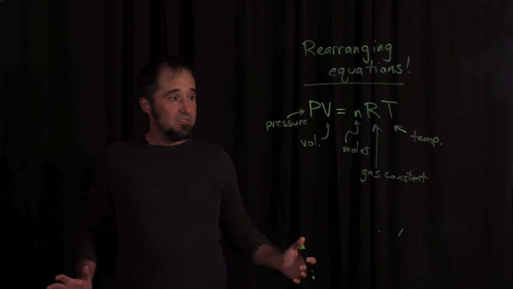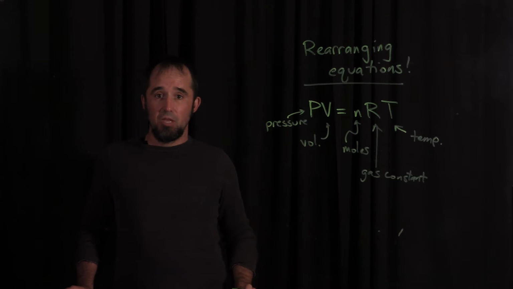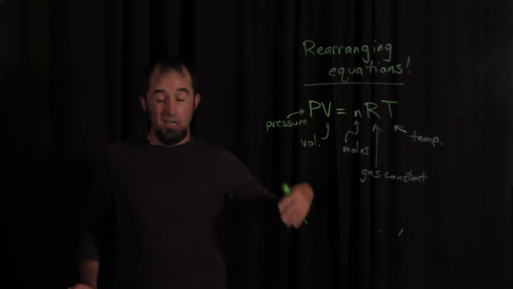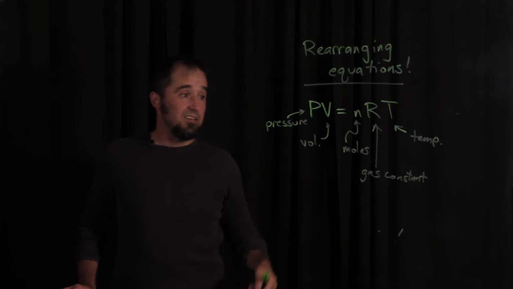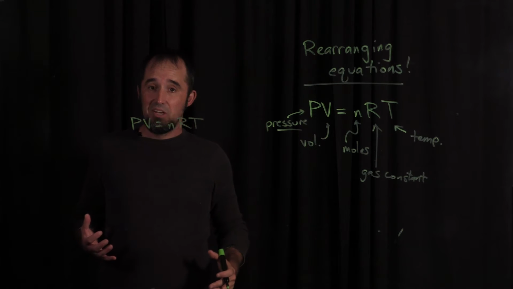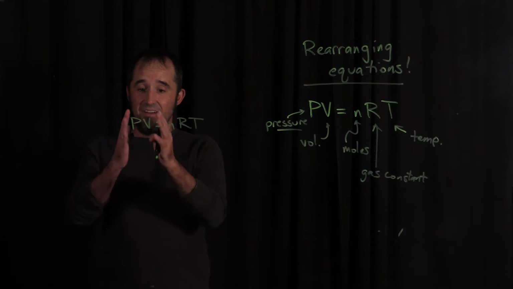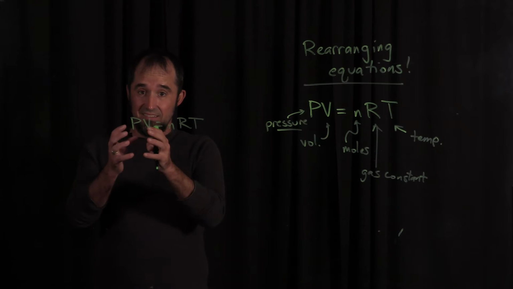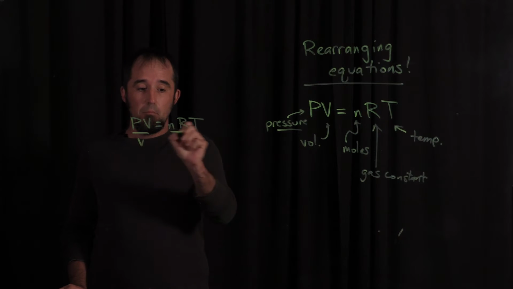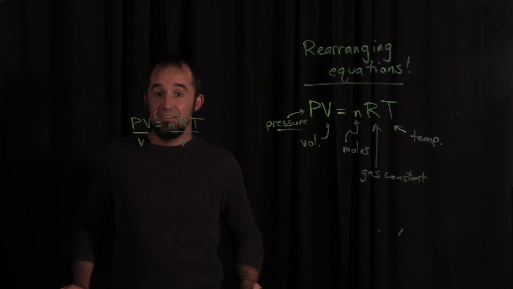Well, first, let's try to isolate P. So what if I know volume, I know moles, I know the temperature, I always know the gas constant, but what if I don't know pressure? To solve an equation like this, what I'm going to do is get that variable I want on its own, sort of one term on one side of the equal sign, and then I'm going to divide both sides by the same thing.